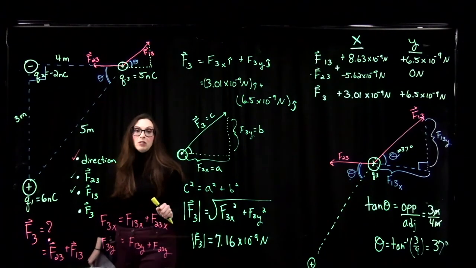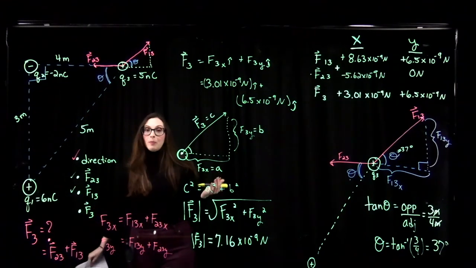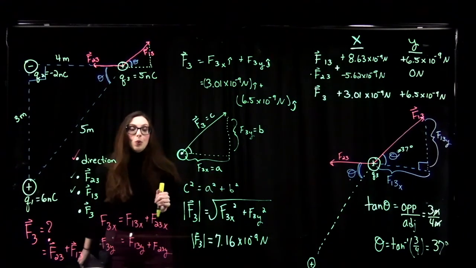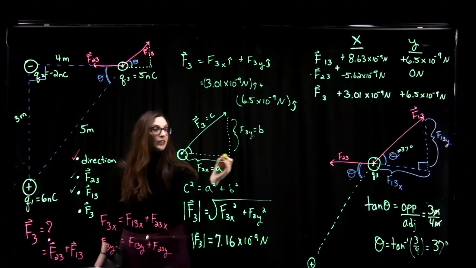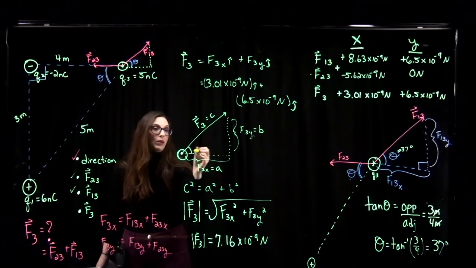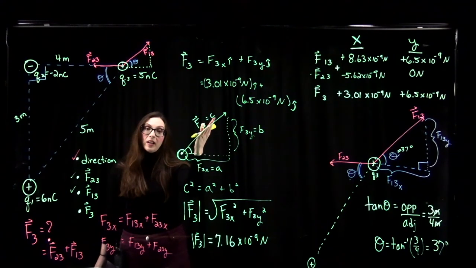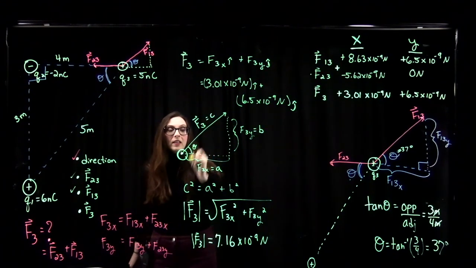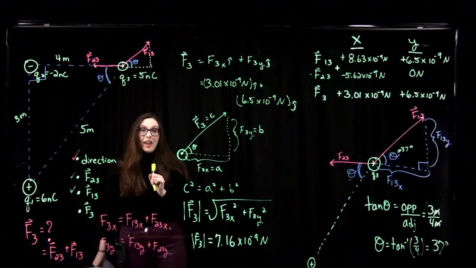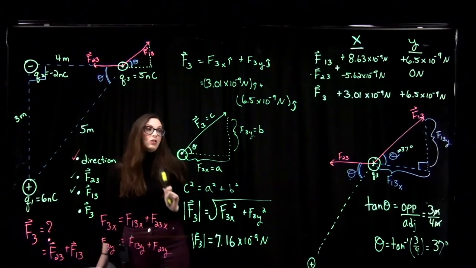To get the direction for F3, we usually report our directions in angles, angles from the positive x-axis. So in order to get that, I've got my triangle here. I've got my x component, I know my y component. Here's my angle theta, the angle that my vector is sitting at with respect to the positive x-axis. I'm going to find this angle theta using tangent.